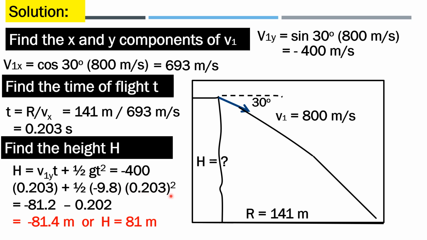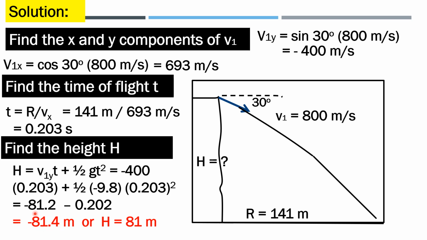All right. What we will get when we multiply negative 400 times 0.203, we will get negative 81.2. All right. And then for this 1 half, negative 9.8, multiplied by the square of 0.203, what we will get is negative 0.202. All right, so the two terms are both negative. So we simply add them. That gives us 81.4 meter.